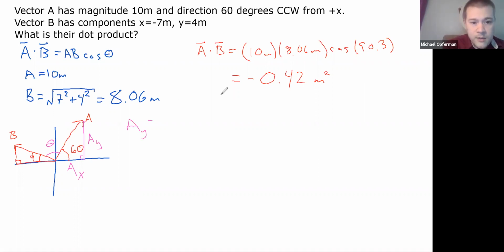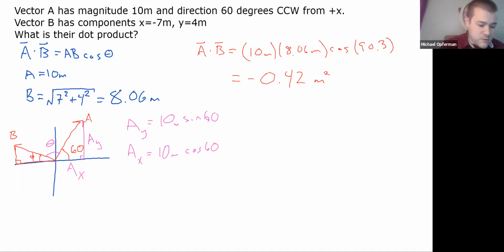So I'm going to have AY is 10 meters times sine of 60. And I'm going to have AX is 10 meters times cos of 60. And I think I can do these ones in my head because sine of 60 is 0.5. So that makes this 5. And cosine of 60 is, I think, 0.866. Let me just double check that. Oops, I did it backwards.